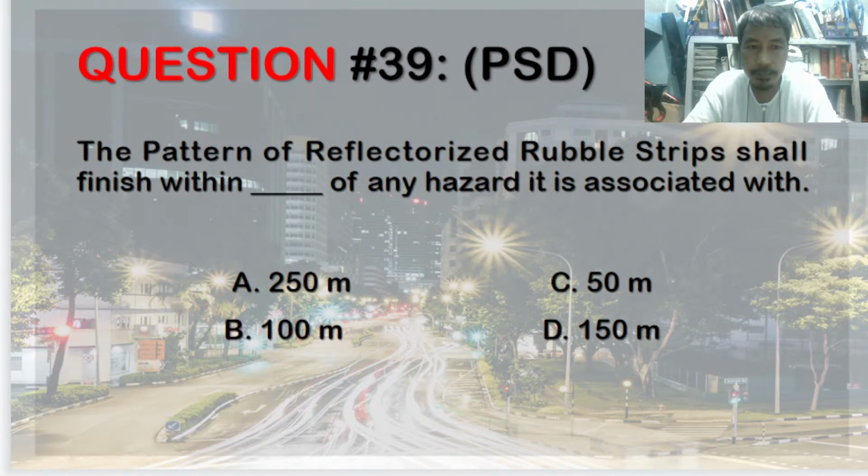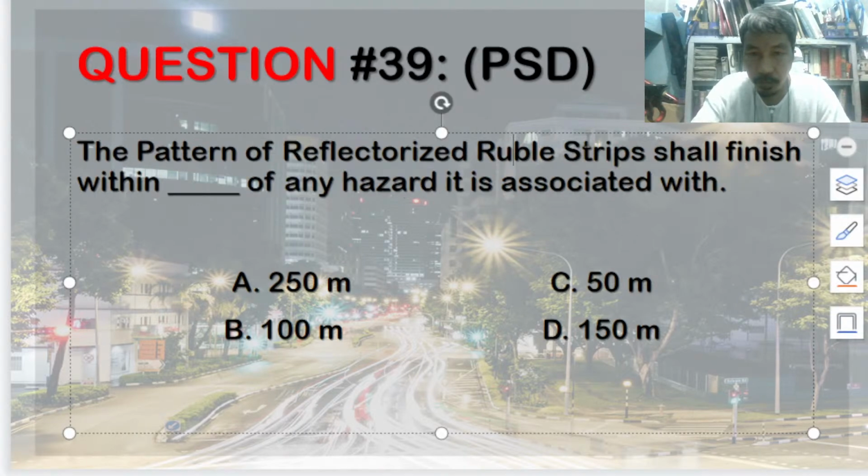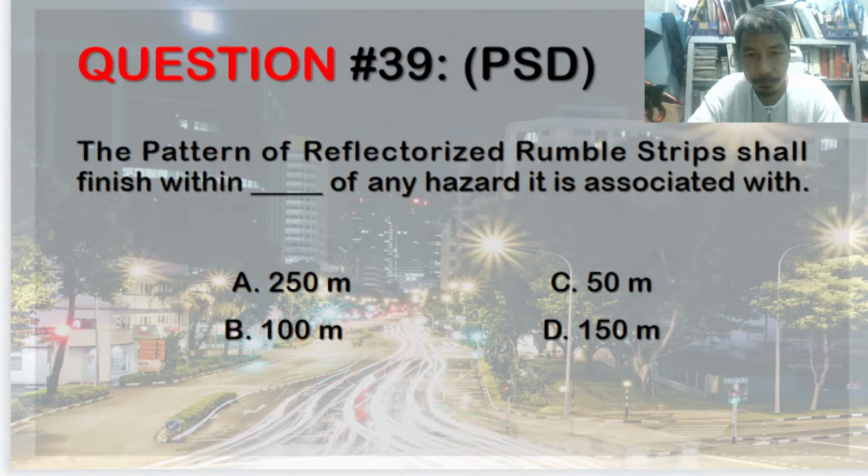Number 39. This is about the reflectorized rumble strip again. The pattern of reflectorized rumble strip shall finish within blank of any hazard it is associated with.